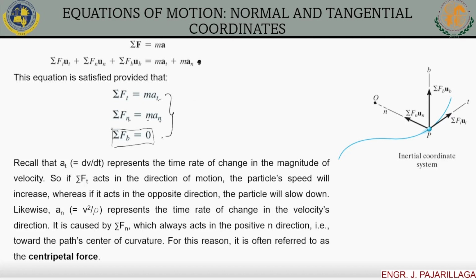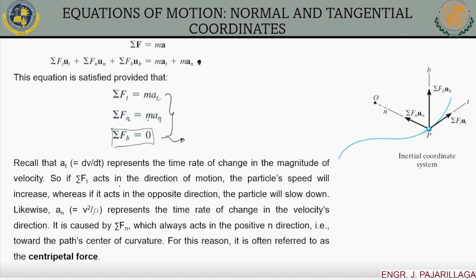Okay? So, the reason that the summation of forces on the binormal axis is equivalent to 0 is because we want to have no motion in this direction. Okay? Dapat static lang siya dito sa direction na to and hindi siya nag-move. Okay?